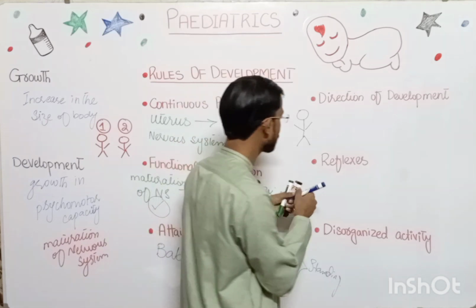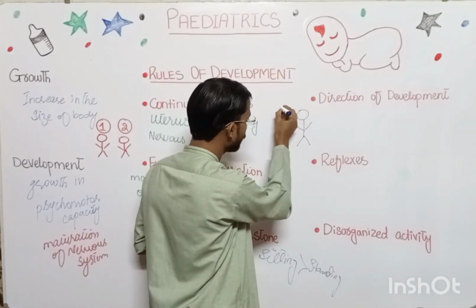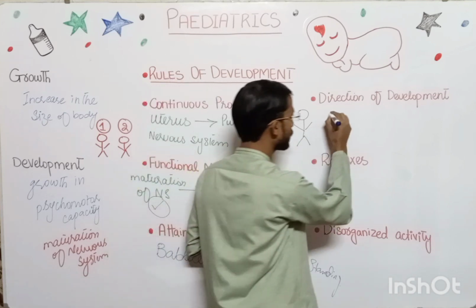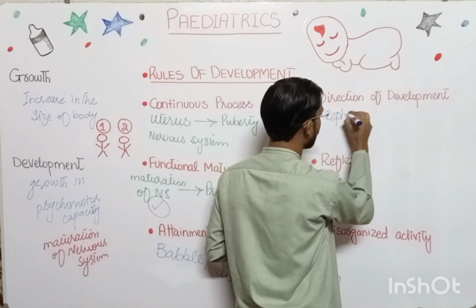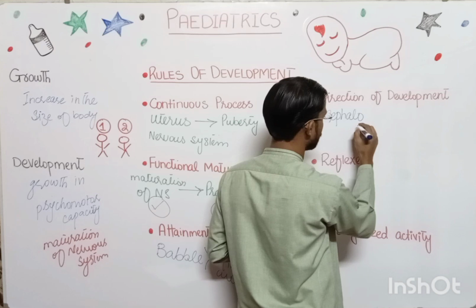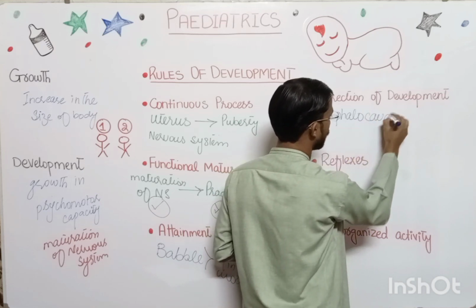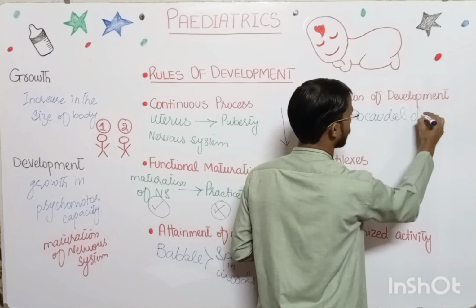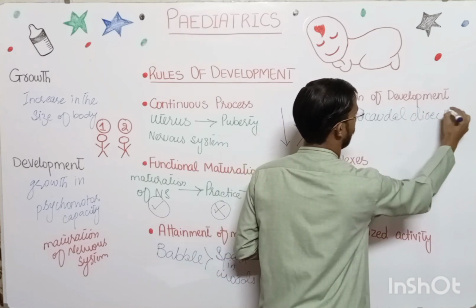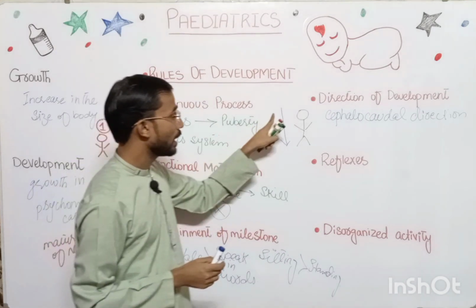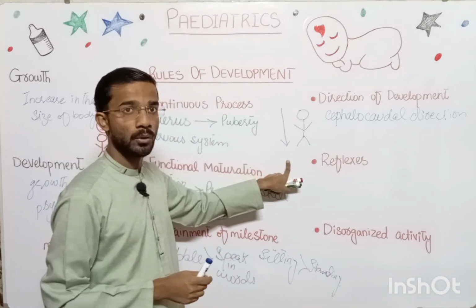First one, it will develop from head to toe, which is called cephalocaudal direction. Keep in mind, the growth will be downward.